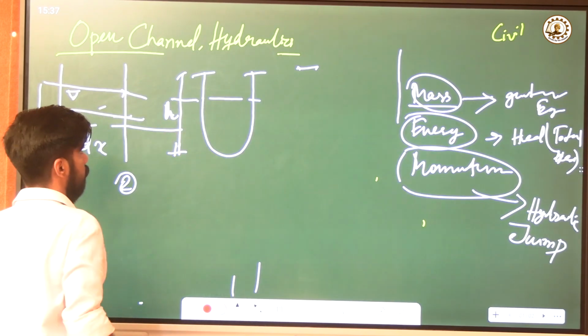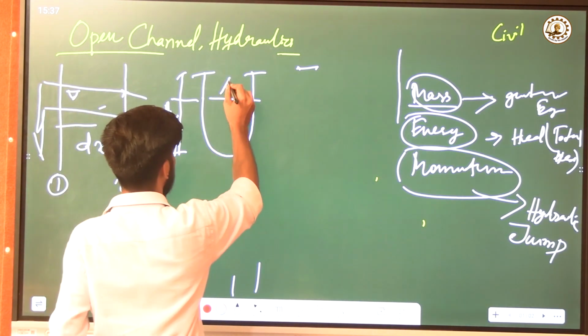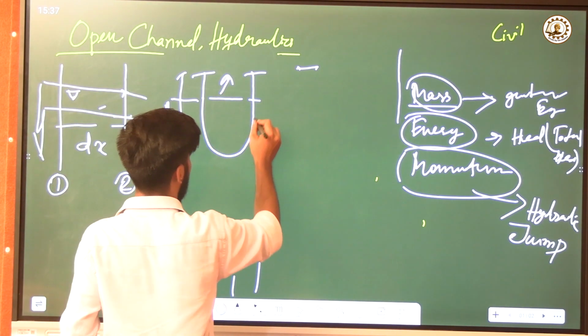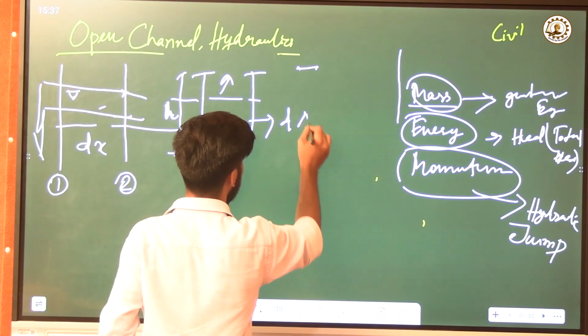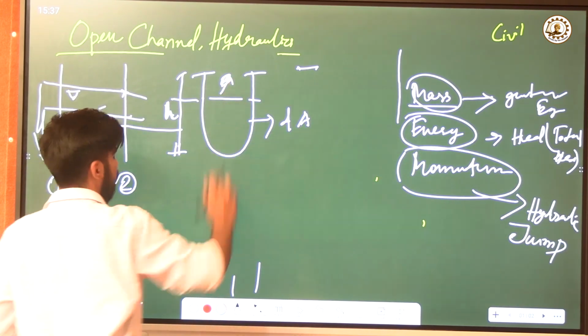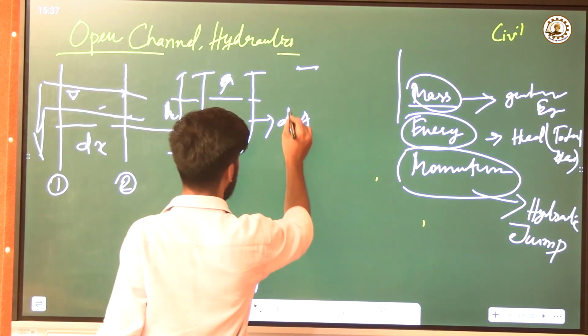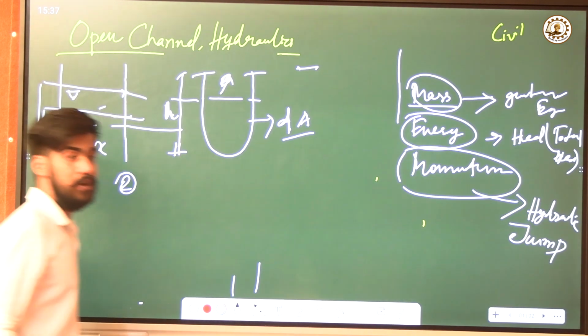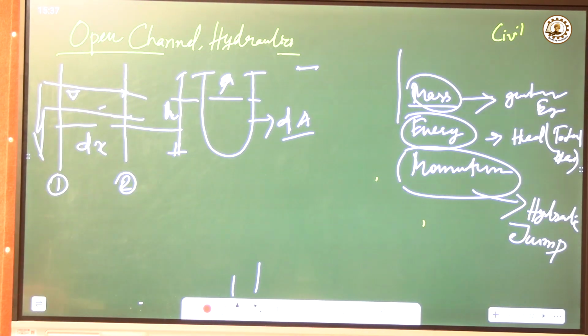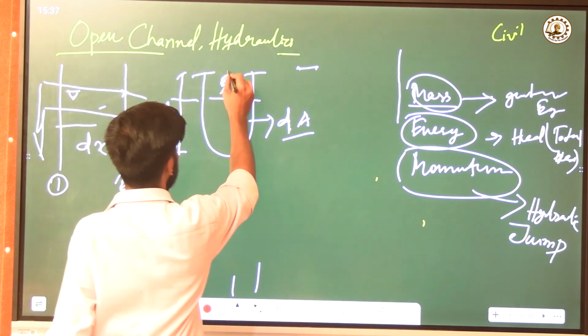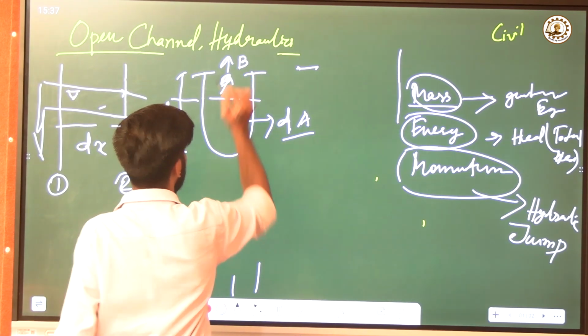Okay, that thing becomes our cross sectional area, the total area of the cross section of the channel, and the change of the channel area with respect to time or distance becomes our dA, and this becomes our top width.